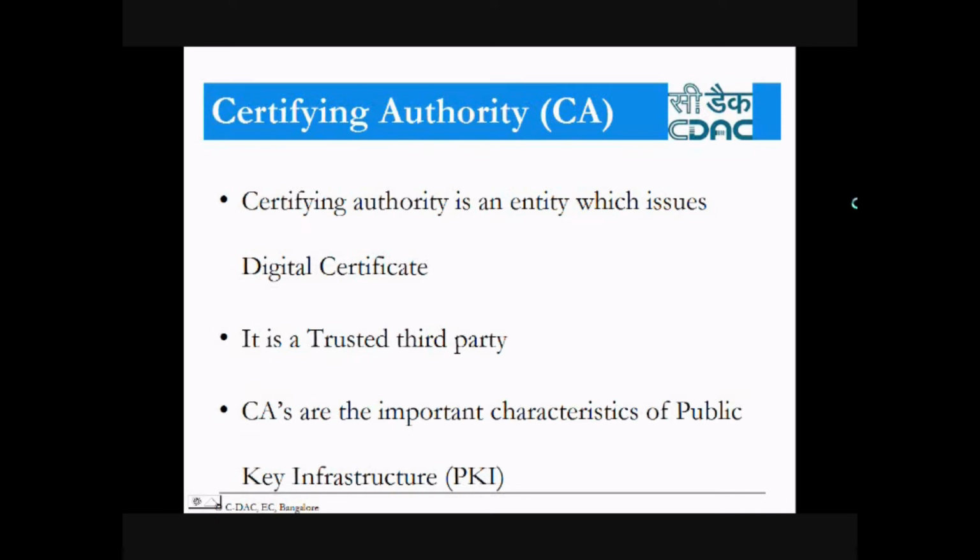So the place from where he can get a certificate is basically called a certifying authority, CA. And CA is an entity which issues digital certificates to various individuals, various organizations, etc. So it is a trusted third party, and CAs are important components of the public key infrastructure.